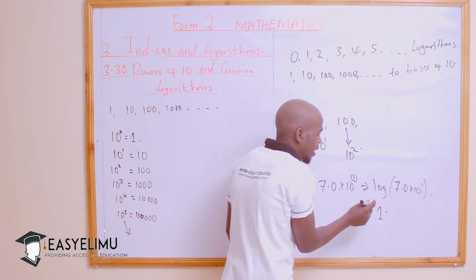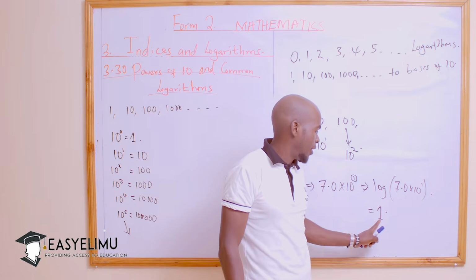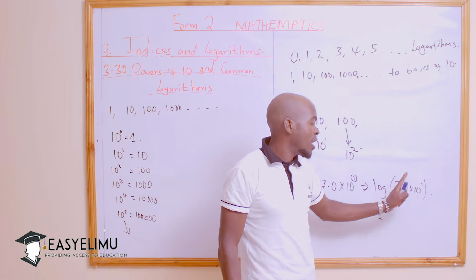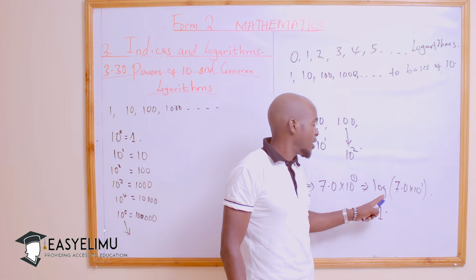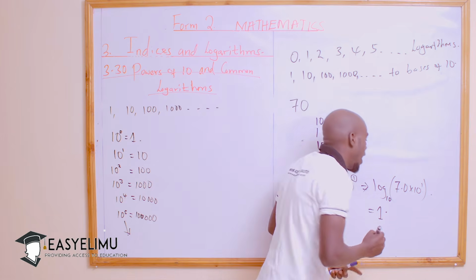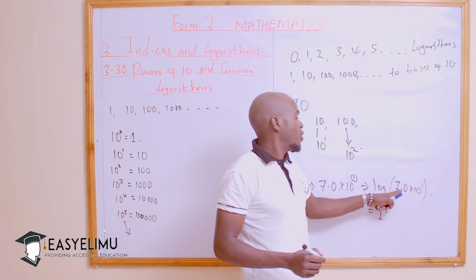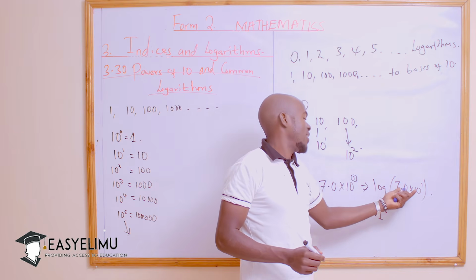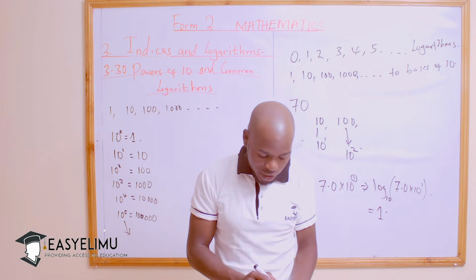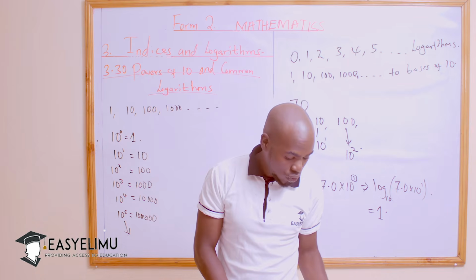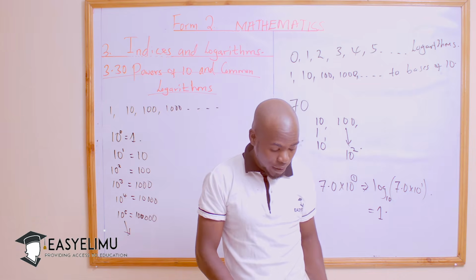This 1 arises because the logarithm of 10 raised to 1 is 1. Now we need to find the logarithm, with the base of 10, to which 7.0 must be raised in order to find this number. So we shall find it using the 4-figure elementary mathematical table.